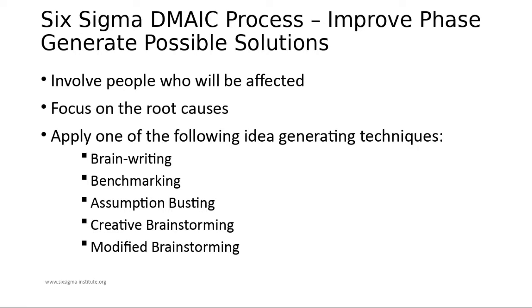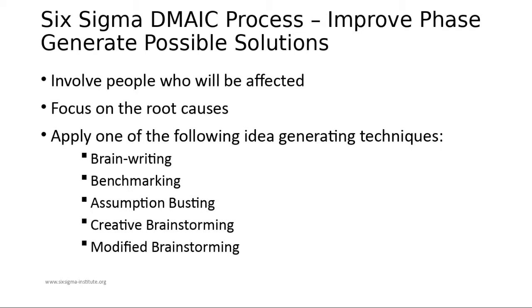Even now, as IE students, you are learning facility planning. You can design the facility to optimize the workflow and the process in the organization, and that can be an improved process or improve tool. You can also use ergonomics to design a product or a device that reduces waste and variation, and that can be an improve tool.